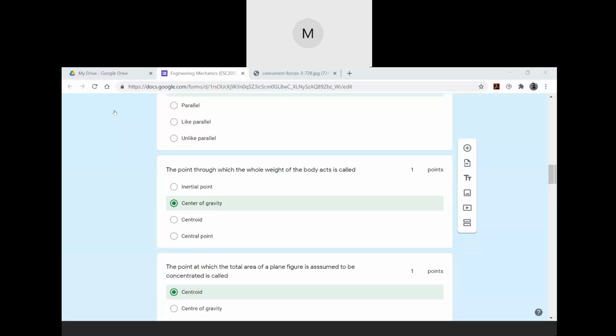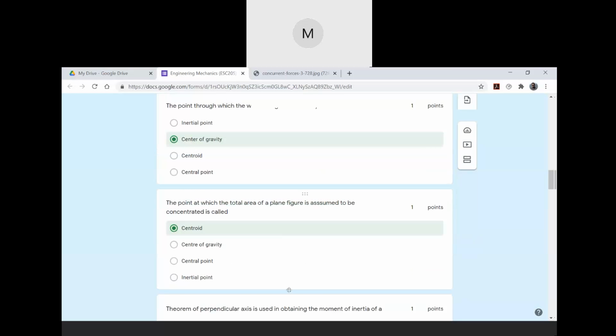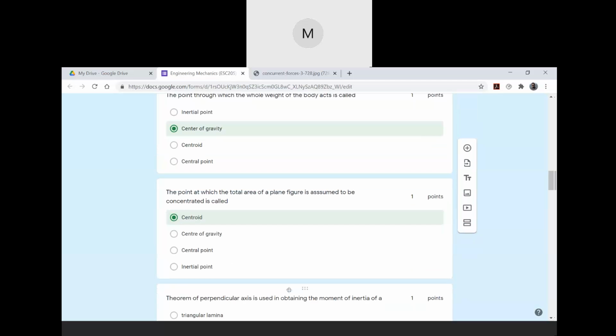That is known as the center of gravity, or CG. Now we go to the next one.